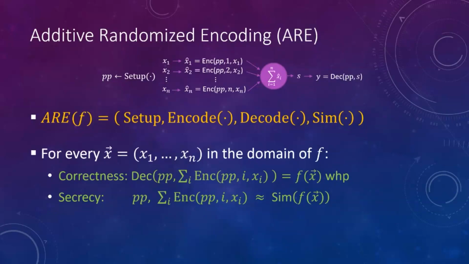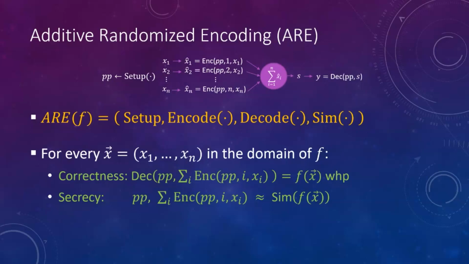Formally, we have this notion of additively randomized encoding that consists of maybe a setup procedure and then an encode and decode procedure, where parties locally encode their input, then you sum it up by the oracle, then you decode the output, and a simulator for security. So what we require is the notion of correctness, of course.